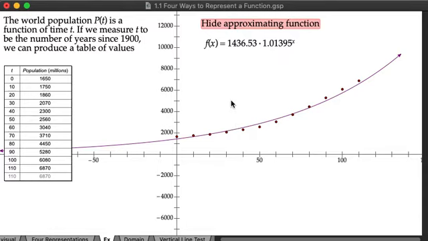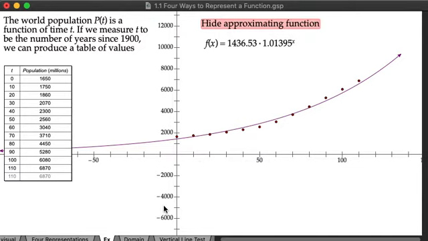I'm not worried about that. What I'm looking at here is an algebraic representation of not exactly the function of the population, but something that we can use as a function of the population in order to make predictions, for example.